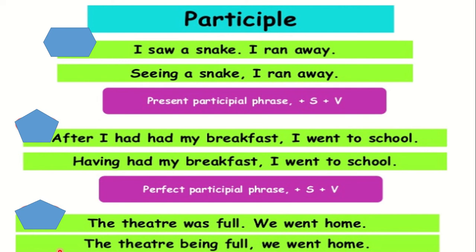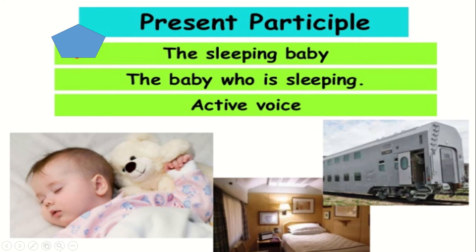For further explanation, let us have some more examples. See, in this picture, if you have a look on this picture, the baby who is sleeping, by using present participle, we can say the sleeping baby.